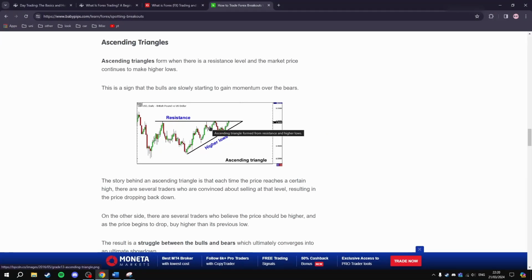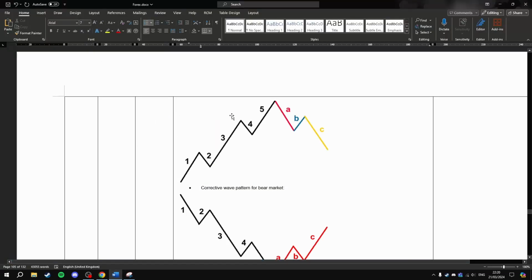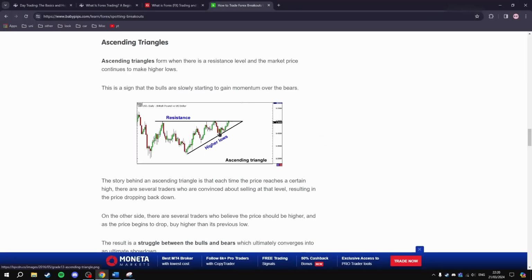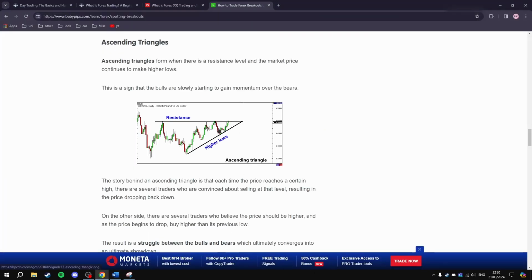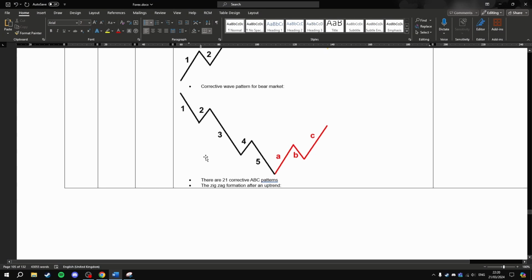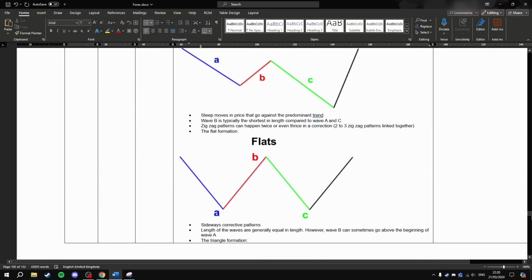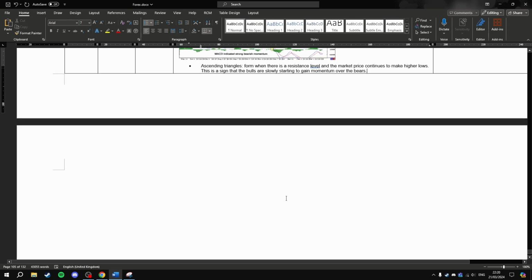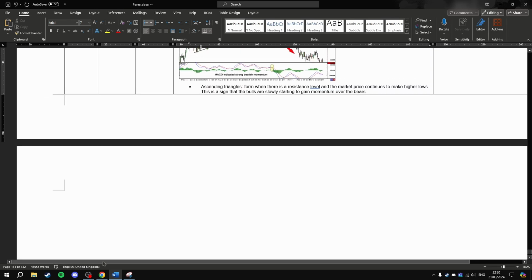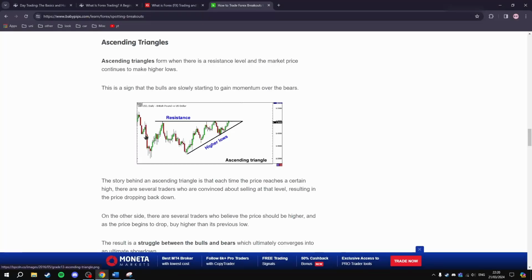A goes down, B goes up again, and then C drops back down again. I don't know if that's even right. But anyways, that went off track.